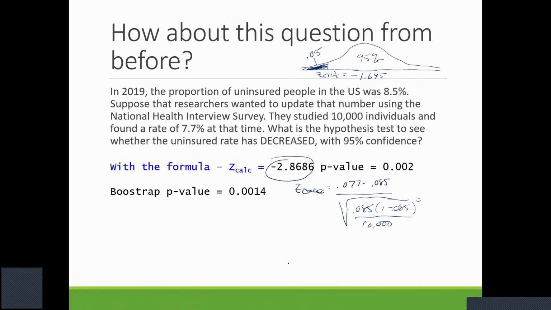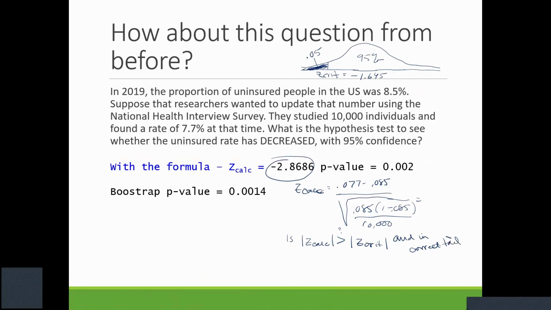So is the absolute value of zcalc greater than, question mark, the absolute value of z-crit, and in the correct tail. For one tail, you also want to make sure it's going in the correct direction.